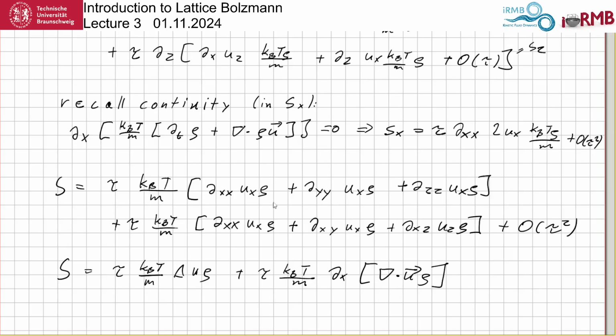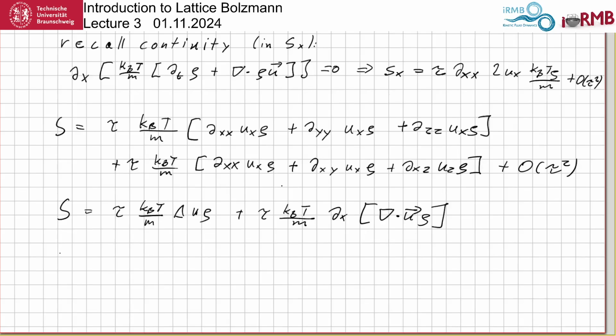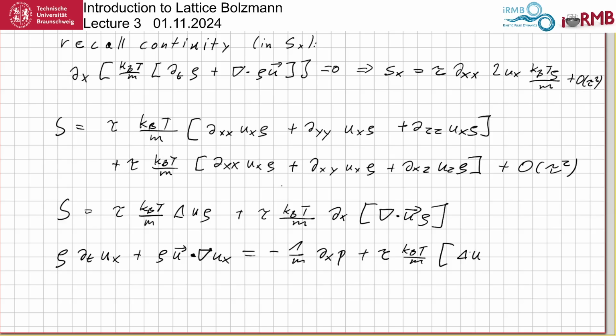Now we can plug this into our equation here: dt rho dt ux plus rho u, the scalar product, so this is the advection term in the Navier-Stokes equation, minus 1 over m dxp, so this is the pressure gradient, plus tau K Boltzmann T divided by m, and this goes into the second derivative, so the Laplace operator of u times rho.